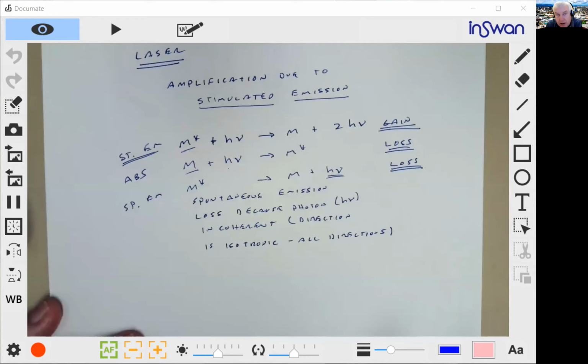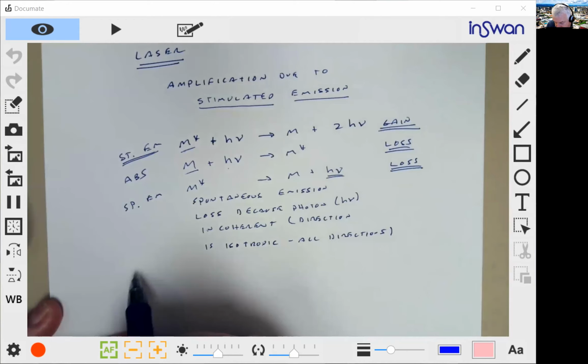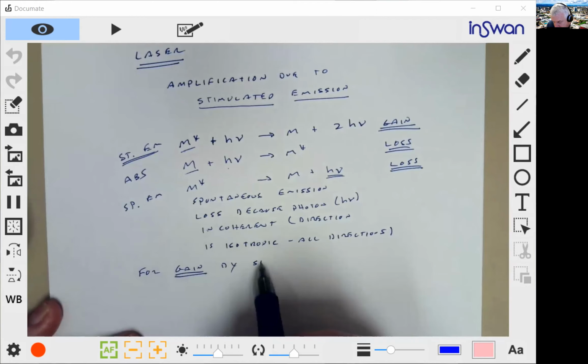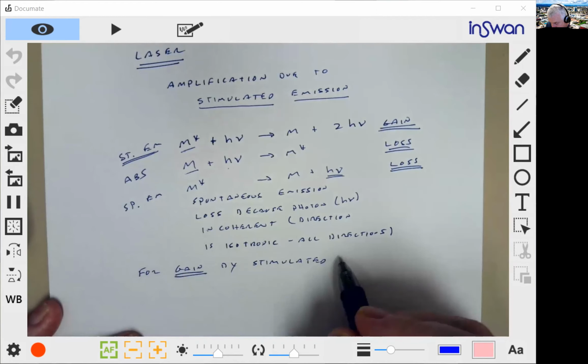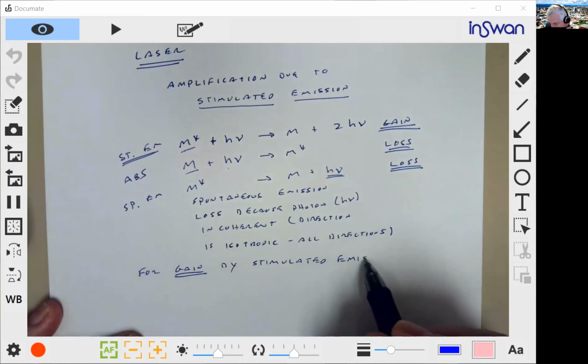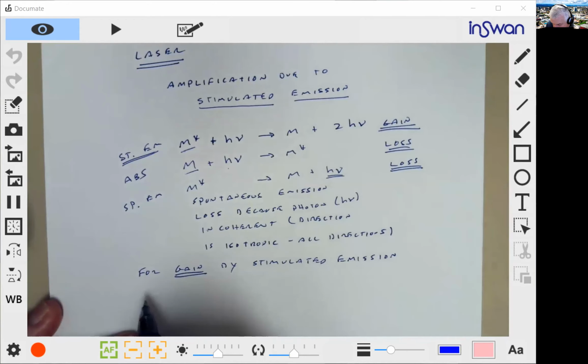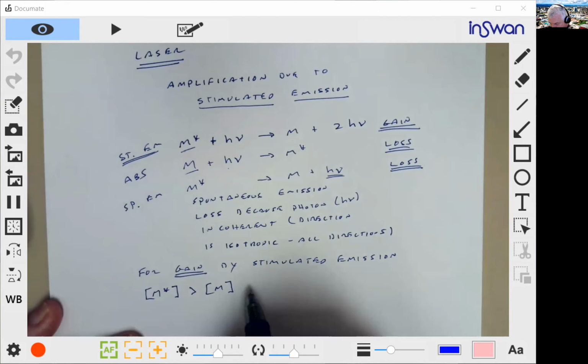So in order for there to be gain by stimulated emission, the population of M star must be greater than the population of M. And this is called a population inversion.